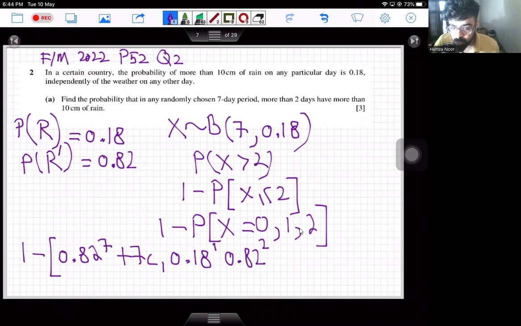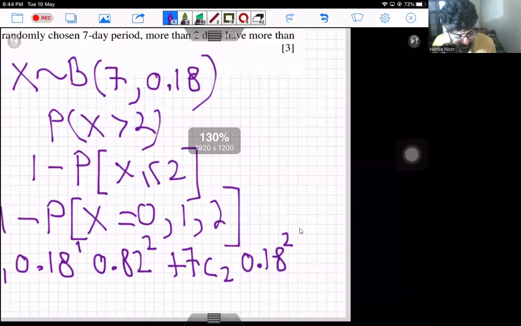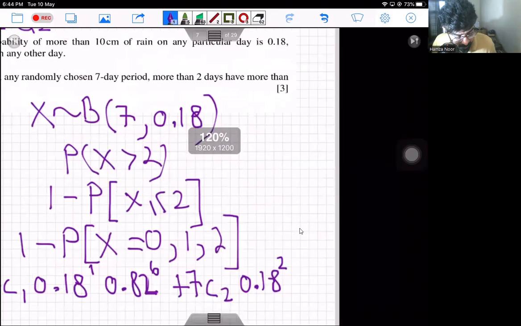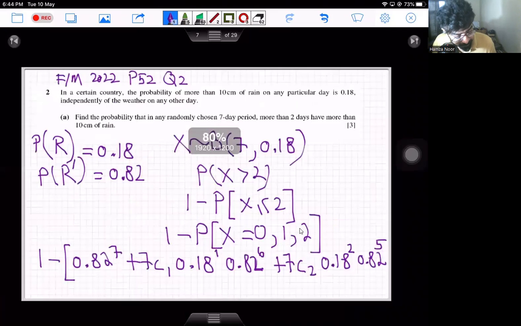Then X equal to 2, which means that success is occurring 2 times and the failure is occurring 5 times. So plus 7C2 multiplied by success raised to the power 2, whereas failure raised to the power, sorry, here I have to mention 5, right? So 0.82 raised to the power 6, and here we have 0.82 raised to the power 5. All right.